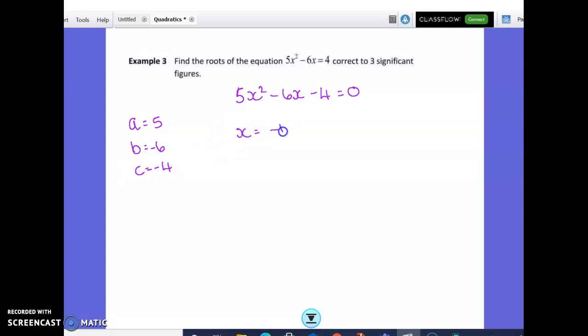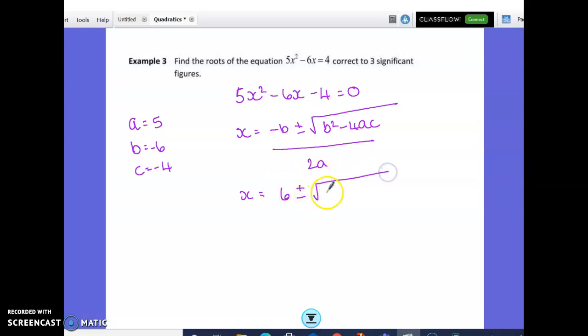Quadratic formula: x equals minus b plus or minus the square root of b squared minus 4ac all over 2a. So x is, b is minus 6, minus 6 gives me plus 6. So I get 6 plus or minus the square root of minus 6 squared minus 4 times 5 times minus 4.